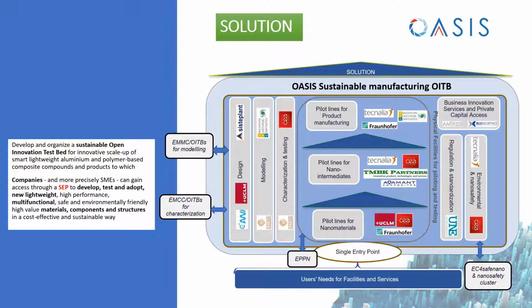This open innovation testbed aims at the scale up of smart, lightweight aluminium and polymer-based composites, compounds and products, to which companies, and more precisely SMEs, more precisely you that are now listening to this webinar, can gain access through a single entry point.